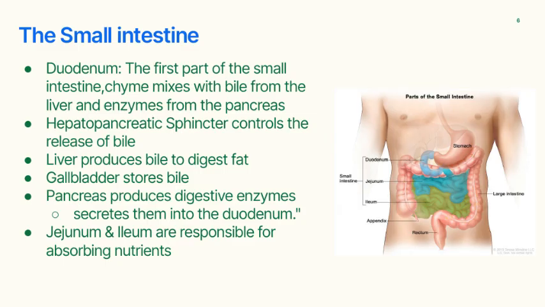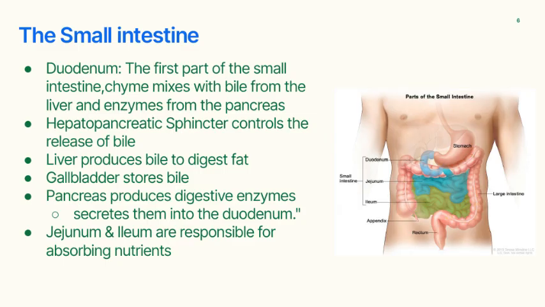The bile is stored in the gallbladder, and when the bile is needed, the gallbladder releases it to aid in the fat digestion. The pancreas produces digestive enzymes that break down carbohydrates, proteins, and fats, and then secretes them to the duodenum. The jejunum and the ileum are responsible for absorbing nutrients.